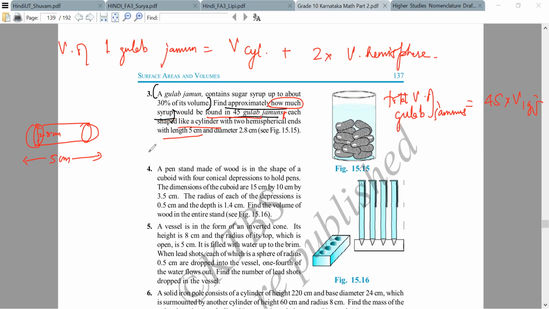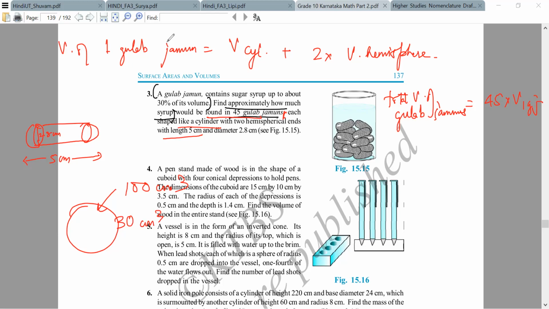Think about it. Each of the gulab jamuns has 30% syrup. Suppose I have 1 gulab jamun that is 100 centimeter cube. How much syrup is there? 30 centimeter cube. If 1 gulab jamun is totally 100 centimeter cube, then 30 centimeter cube of that is syrup. Got it?